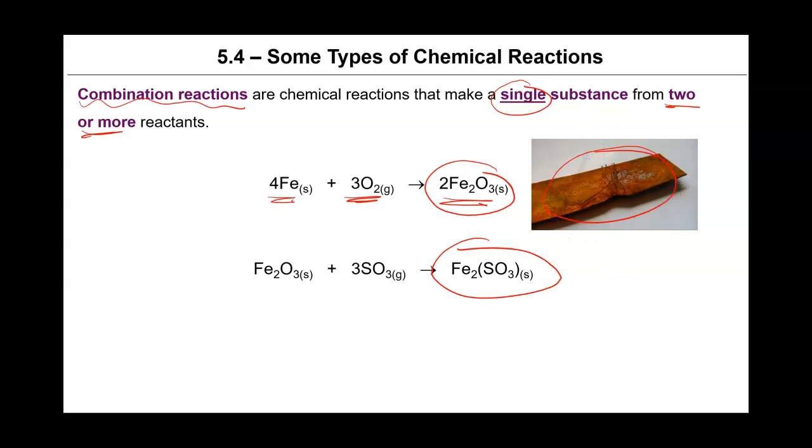Another example would be Fe2O3 reacting with sulfur trioxide to form iron(III) sulfate, Fe2(SO4)3 solid.